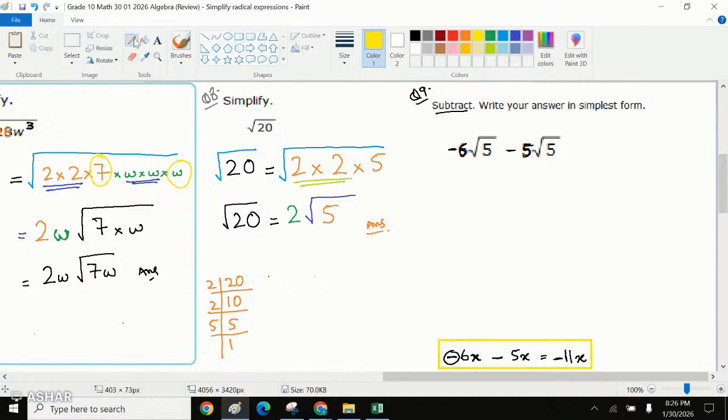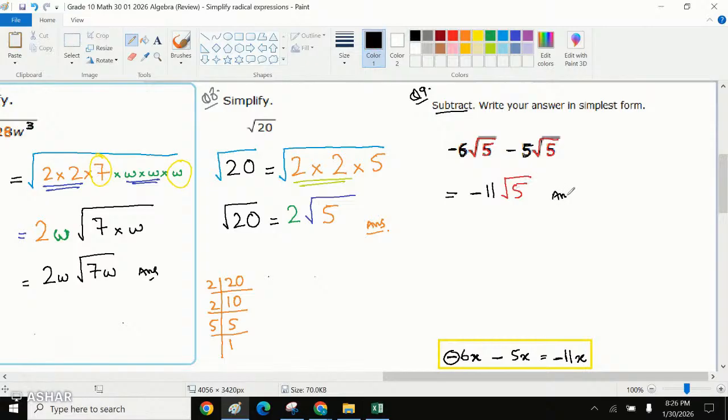If this was minus 6 radical 5 and minus 5 radical 5, we follow the same rule. Minus 6 and minus 5 will be added. That becomes minus 11, and radical 5, because it was common to both the values, stays as it is.